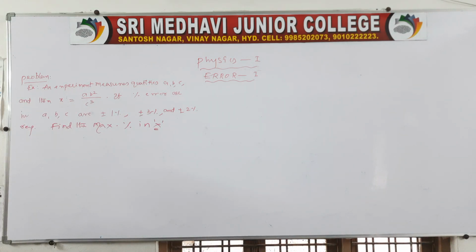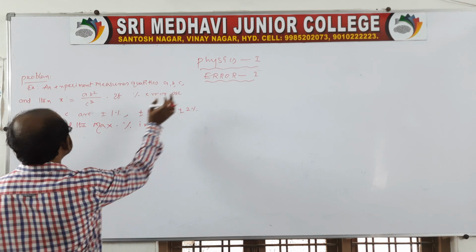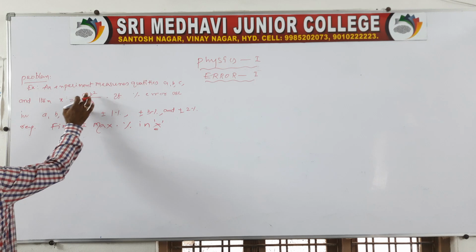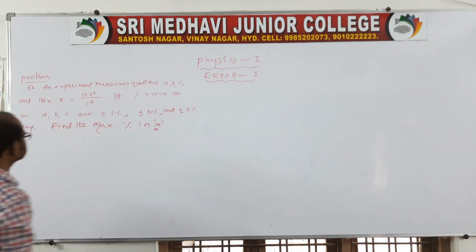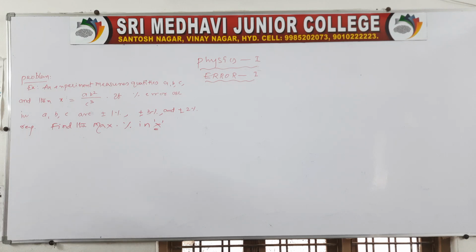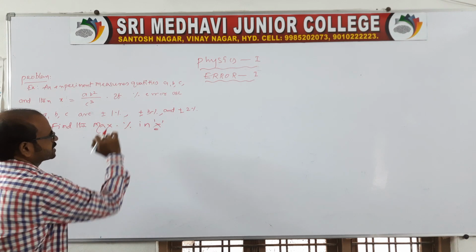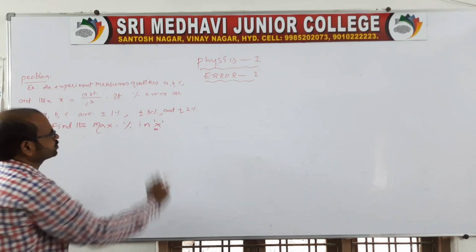In an experiment, measured quantities are a, b, c and then x is equal to a b square by c cube. If the percentage errors in a, b, c are given as plus or minus 1%, plus or minus 3% and plus or minus 2%.